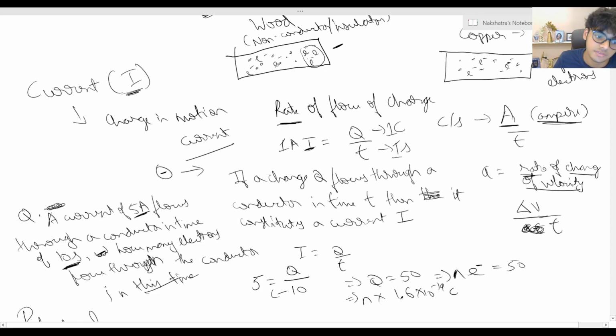You can't have a negative number of electrons flowing, right? So n is equal to 50 upon 1.6 into 10 to the power minus 19 coulomb. Remove the coulomb right now, you don't need it for the calculations. So 50 upon 1.6 into 10 to the power minus 19 is our answer, right?